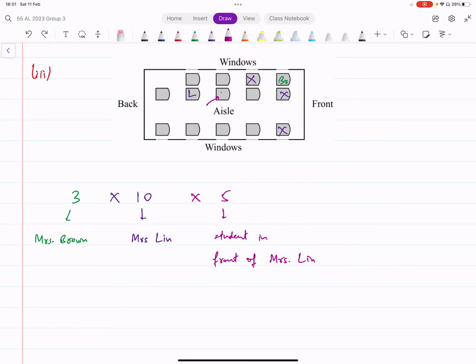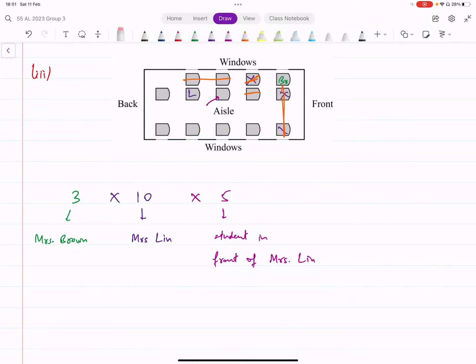Now, once this is done, you have how many seats left? You've got 2 here. Yeah, here's this. You've got 2, 3, 4, 5, 6, 7, 8. And also these front seats, 9, 10, 11. There are actually 11 seats.